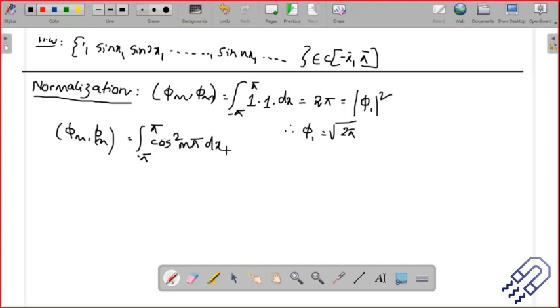The integral of cos square mx dx is equal to half, and we take the integral from minus pi to plus pi of 1 plus cos of 2mx. If we just expand it, cos 2x is equal to 2 cos square x minus 1, and use that expansion.